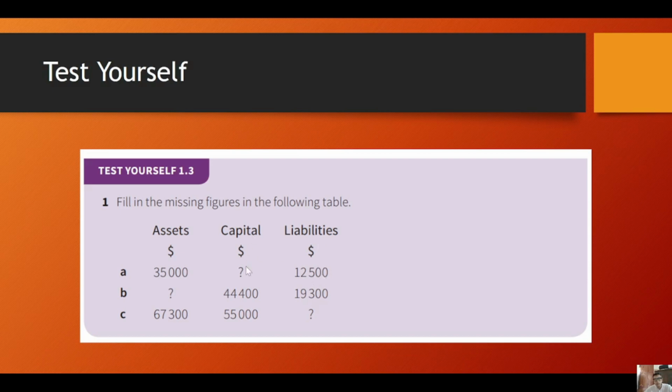So the capital equals 35,000 minus 12,500, at any given time. So the assets here must be equal to, in the B, capital plus liabilities, and here assets must be equal to capital plus liabilities.